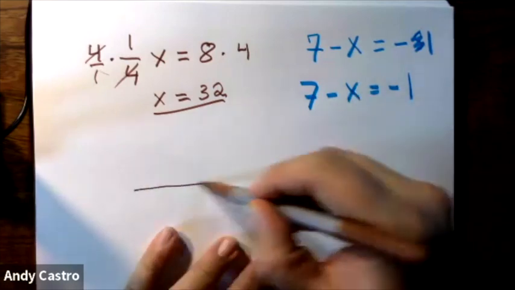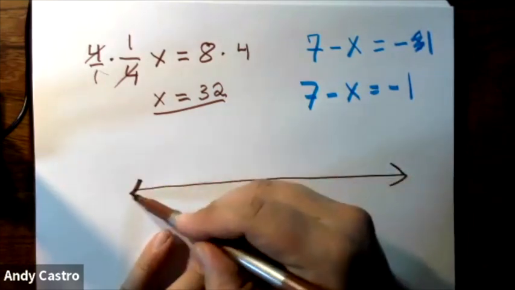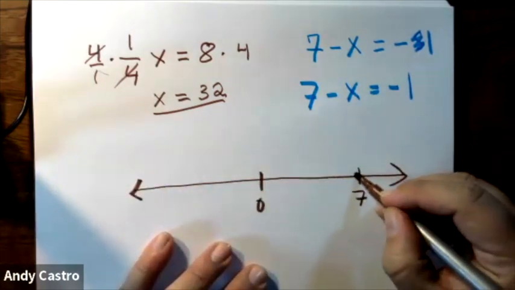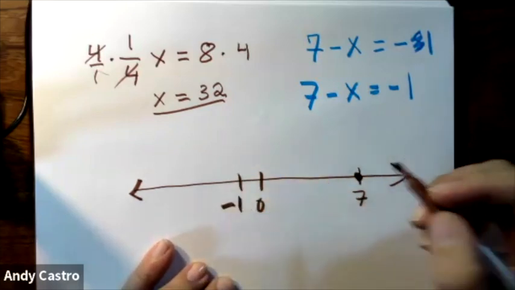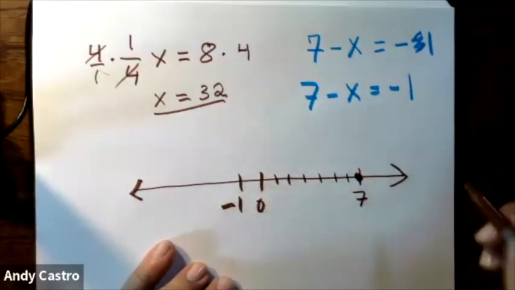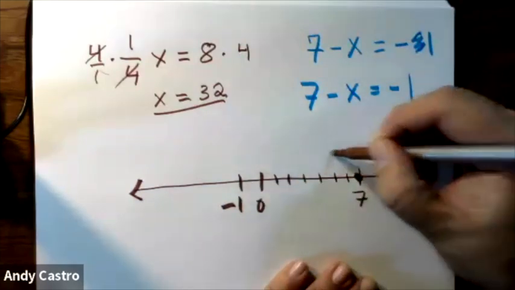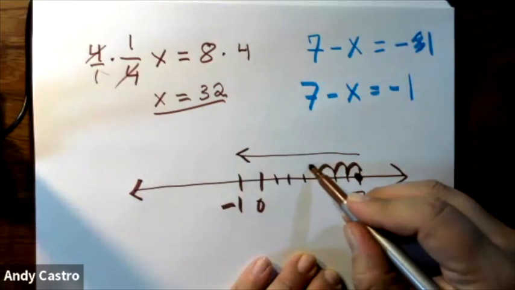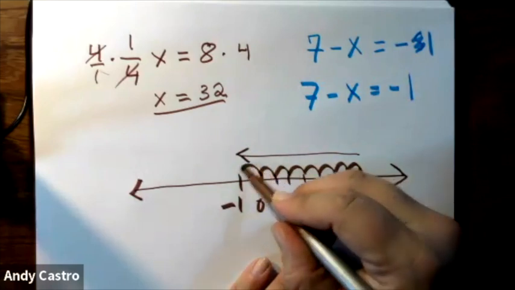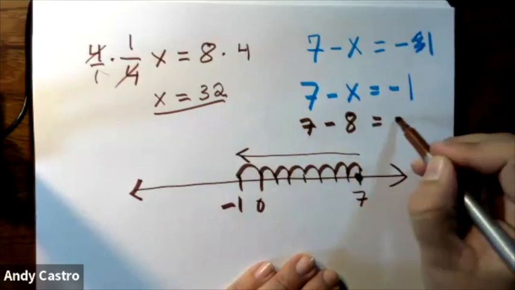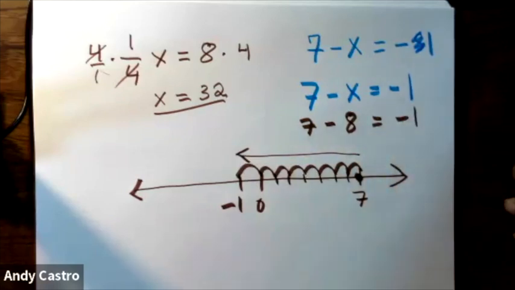So if we look at this on a number line, if we start at 7, how would I get to -1? 1, 2, 3, 4, 5, 6, 7. There's -1. In order to get to -1, I have to go to the left. 1, 2, 3, 4, 5, 6, 7, 8. X would have to be 8. 7 minus 8 is -1.